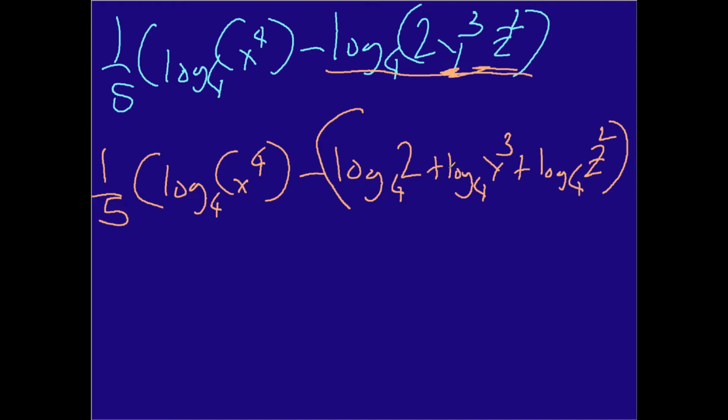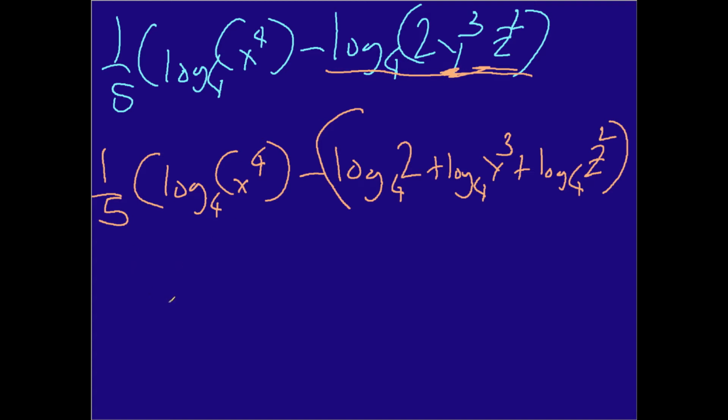And so from there, we can now take the next step and use the power property. The power property is where you bring the exponent and you put it in front. We've talked about this in prior videos, so I can just show you what it looks like.